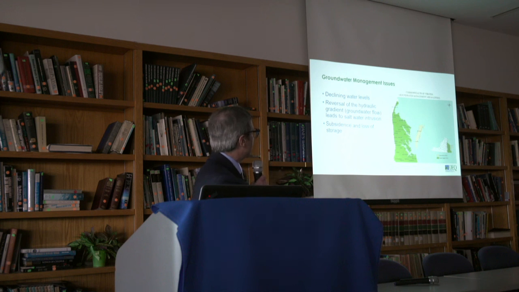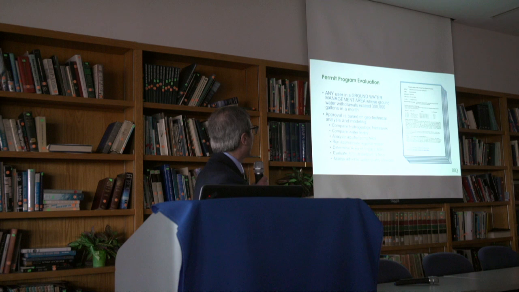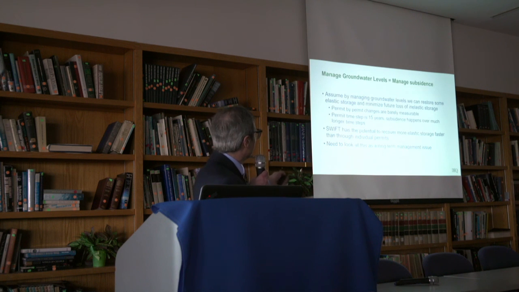Our primary management issues in our permit program are declining water levels, the reversal of gradient, and loss of storage through subsidence. Our permit program regulates any user that withdraws 300,000 gallons in a single month. We go through a very extensive geotechnical review and the collection of on-site data as we make these decisions, and we compare that to our model simulations.